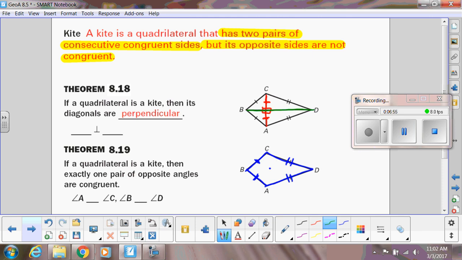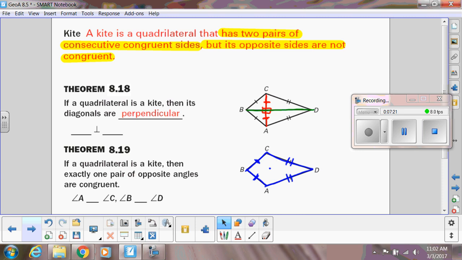That is not bisected. And this is not a parallelogram, so that's okay. But I'm just pointing out that the green one is not bisected, but the red one is. So I know that these are going to be congruent triangles, and then I'm going to have those right angles. Okay, so we know that those are perpendicular.